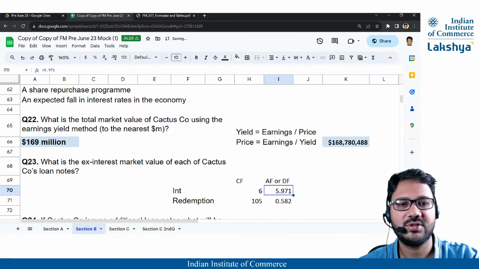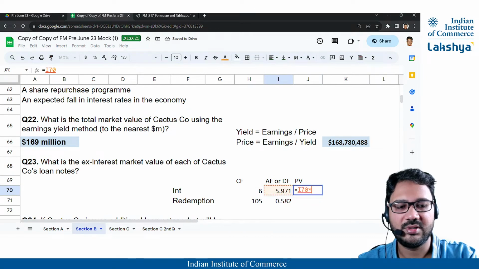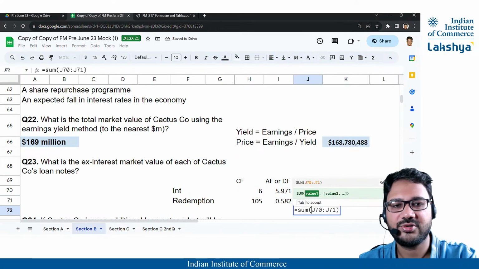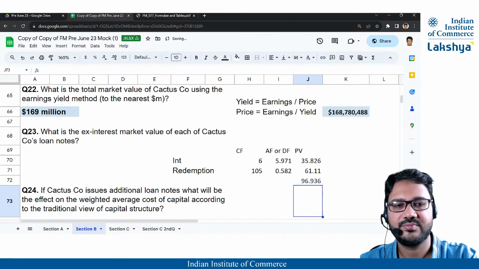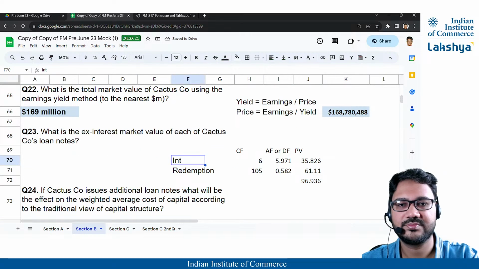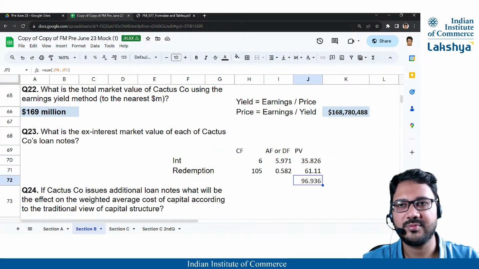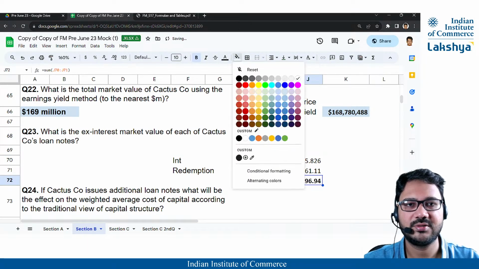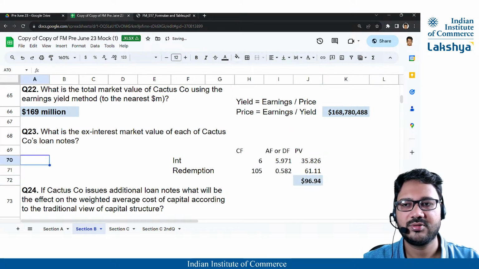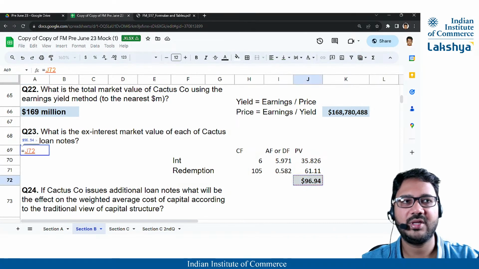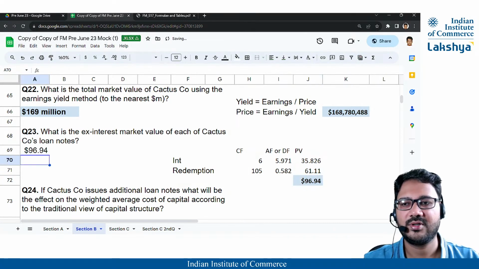Okay, so present value will be this into this, then summation of these two. $96.9. This will be in dollar terms. Highlight it, is equal to 96.94.